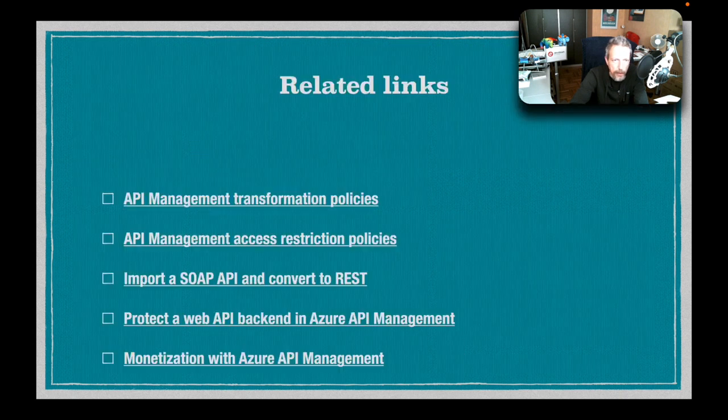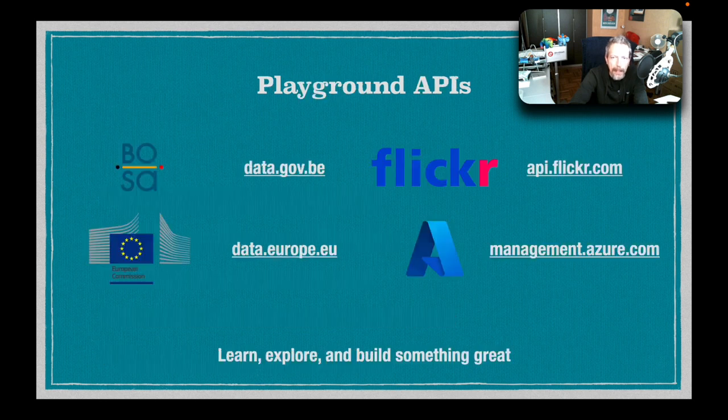I also created a whole bunch of links for the subjects that I talked about, so you can start implementing it yourself. And there are also some playground APIs if you don't have an API at your disposal. data.gov has all the government provided data for Belgium. You also have this for the whole of Europe.